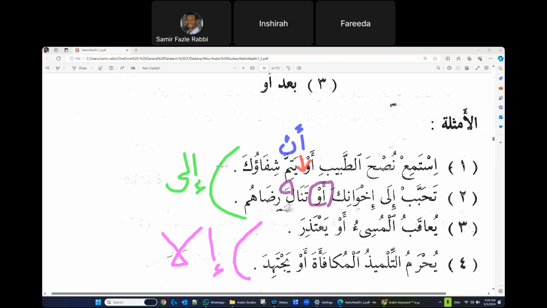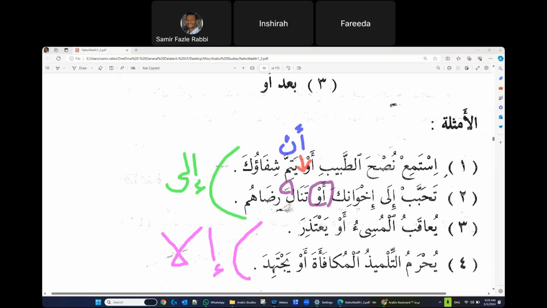Regardless, the first one is istami' nusha al-tabib. Listen to the advice of the doctor, so that you can complete your healing. Sentence number 2, love your brothers so that you can attain their pleasure, like them being pleased with you. Sentence number 3 has illa, which is except.